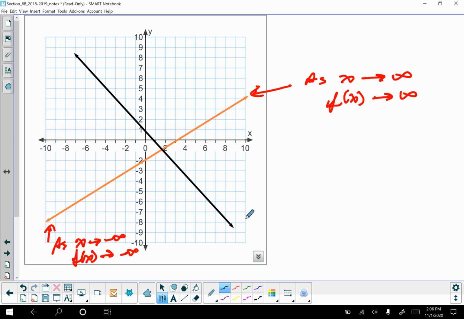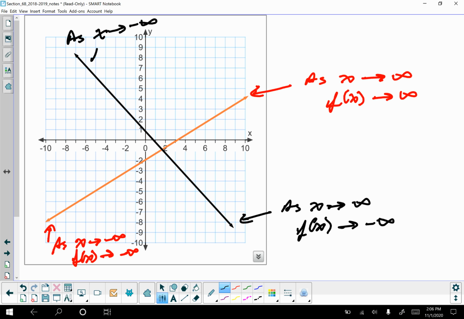For this black one, as x goes to infinity to the right, function at x, the y value, goes to negative infinity. And then the end behavior up here, as x goes to negative infinity, f at x goes to positive infinity, so it goes up.